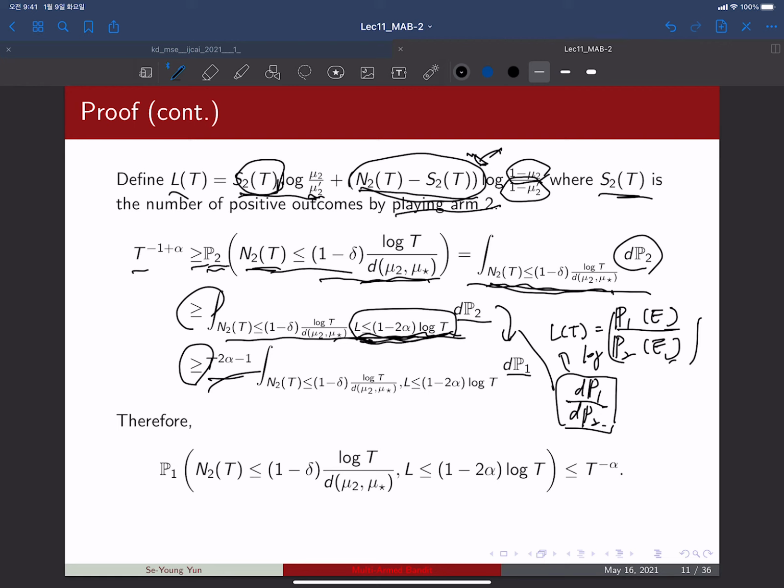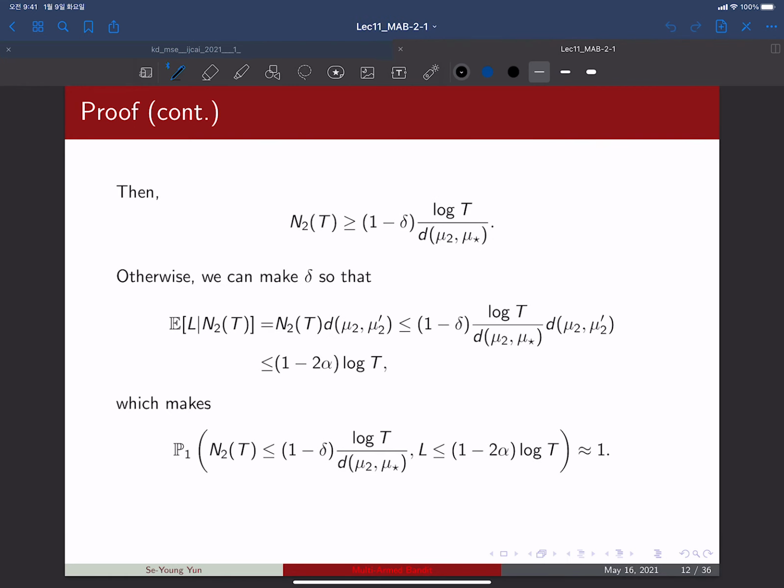Therefore, the probability under the first model that n to t is less than or equal to this, and L is less than or equal to this, is upper bounded by t to the minus alpha. And this is also almost 0 when capital T goes to infinity.